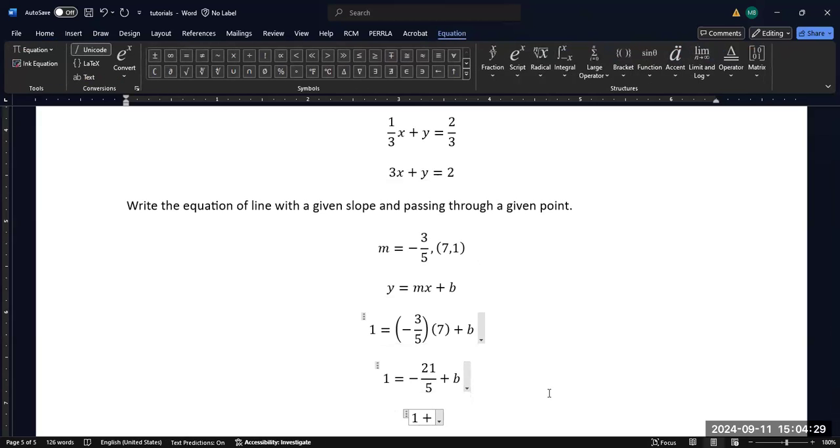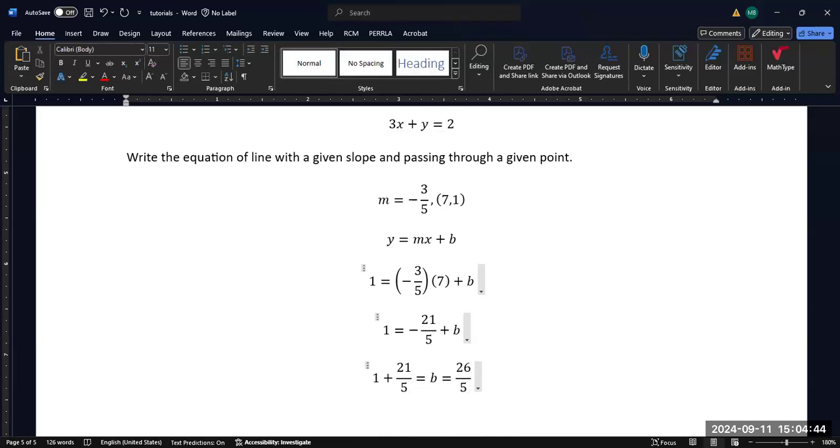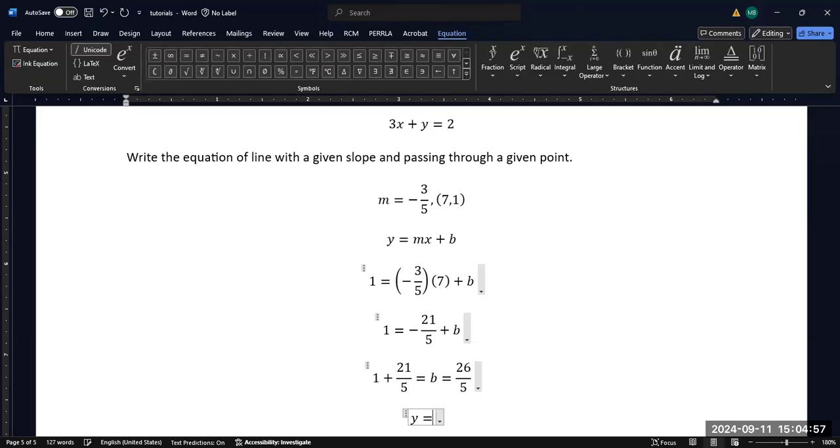And so then I'm going to add 21 over 5 to my other side of the equation, which is going to give me 26 over 5, since 1 is 5 over 5, and 21 plus 5 would be 26. Okay, so now that I have my b, now I have to rewrite my equation as y equals negative 3/5 x plus 26 over 5.